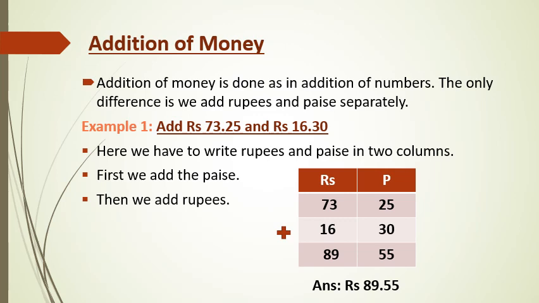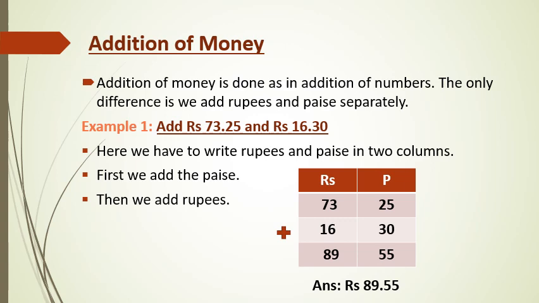Just like that, rupees 16.30 means 16 rupees and 30 paise. So we are going to write rupees and paise separately. Then first we add the paise because we always start adding from the right. And then we add rupees.